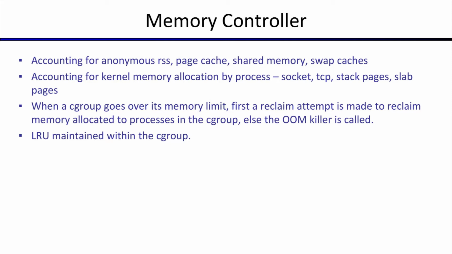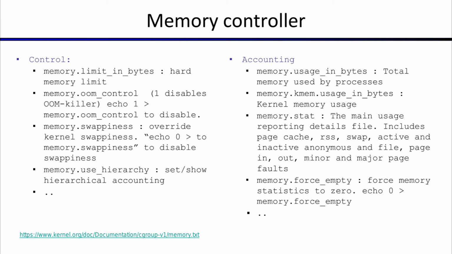This is also because LRU principles are now embodied within the control group, so the kernel is able to make decisions on, okay, I did what I needed to do to reclaim memory, and now I can kill a process within this control group. So you're able to take actions that you would have generally taken at a system level now at a cgroup level.